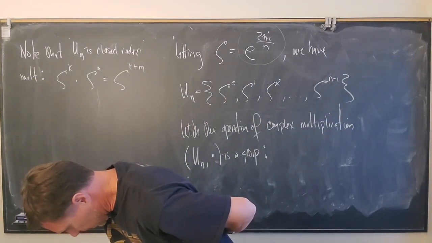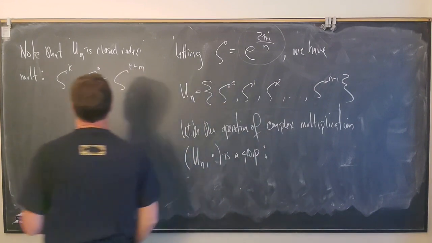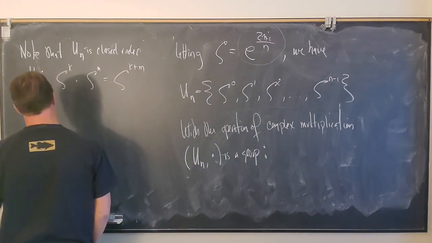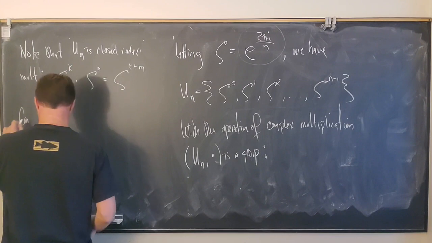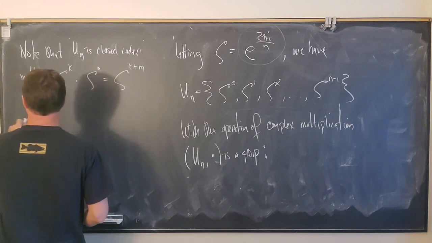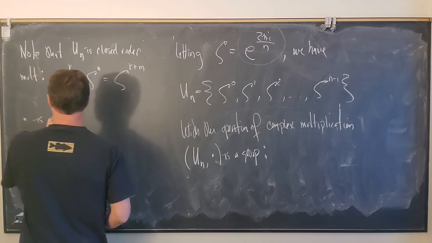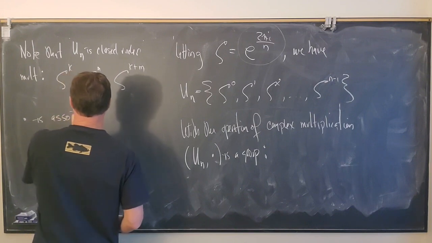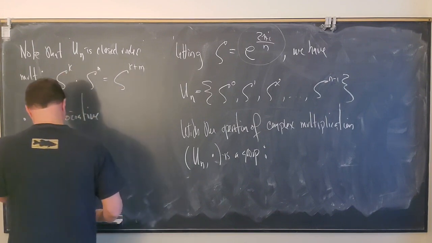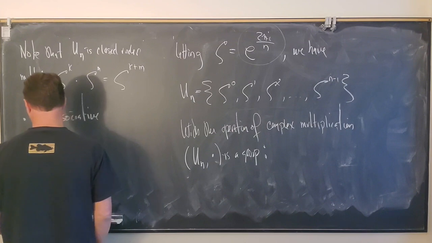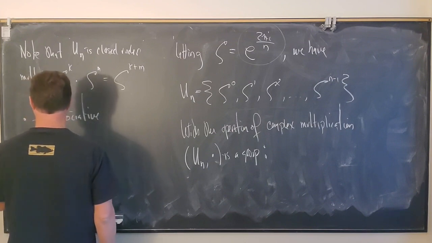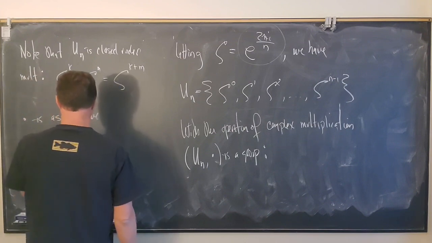What else do I need to say? Complex multiplication dot is associative. 1, which is zeta to the 0, is an identity.